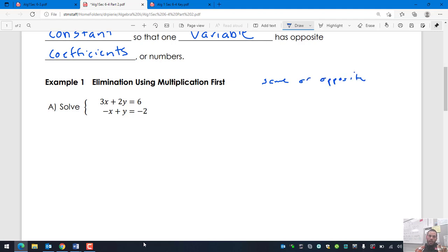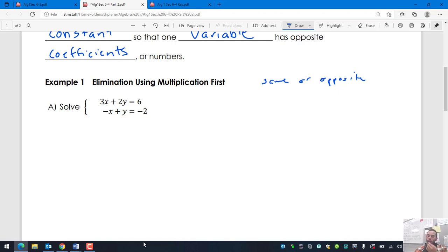So let's compare what we have right now. We have a 3 in front of this x, and we have a -1 in front of the second x. Okay, those are neither the same nor the opposite, so it can't be that one yet. Then if we look at the second pair, the y's, this guy has a 2y and this guy has a 1y. Okay, those are completely different numbers.